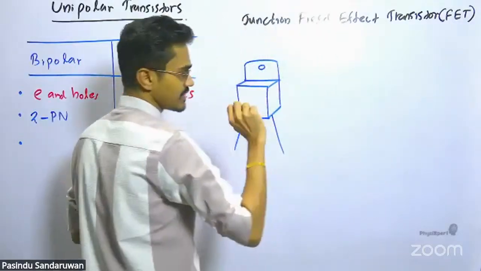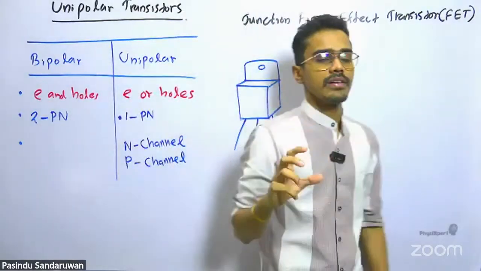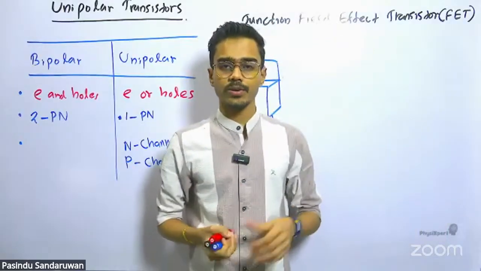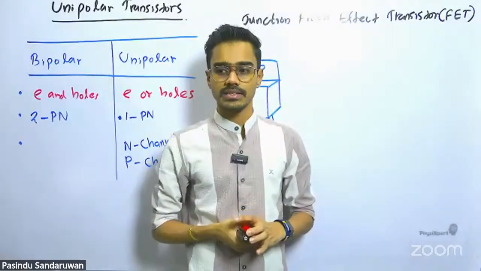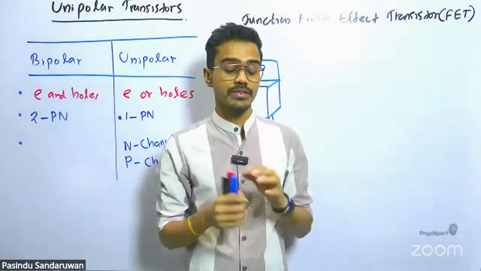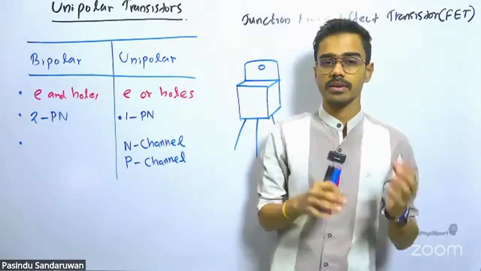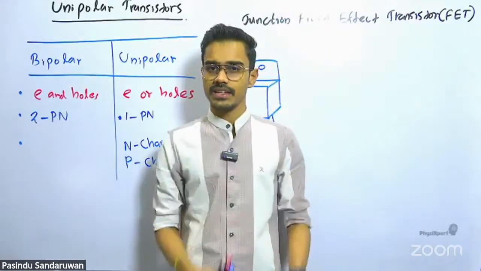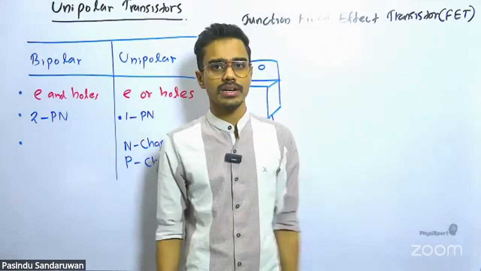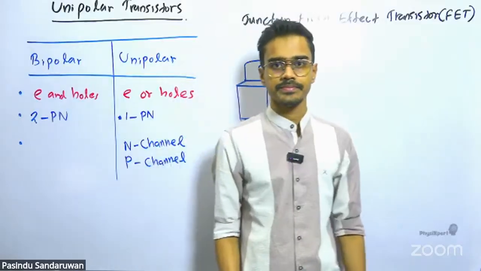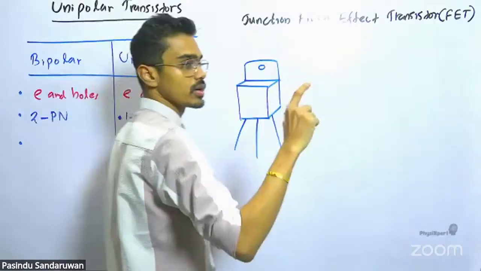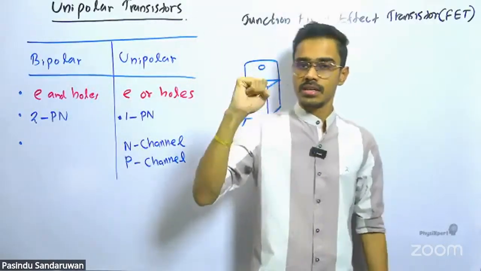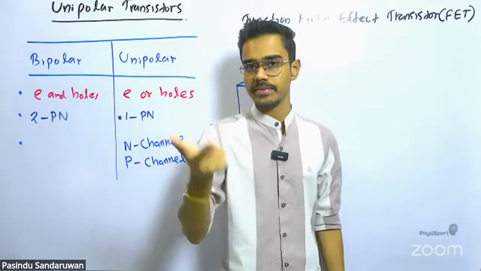I'm always comparing this with the bipolar transistor because there are many comparative things. When you know these comparisons properly, you can easily grasp these things in the unipolar transistor. In bipolar we had three terminals: base, emitter and collector.